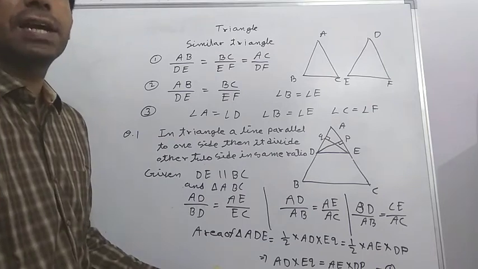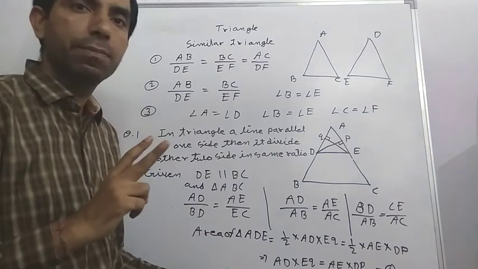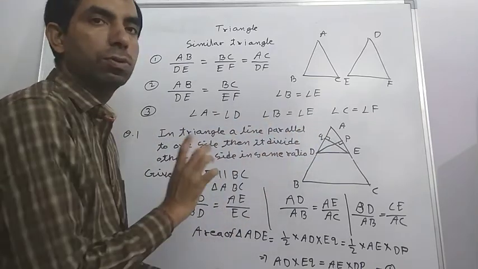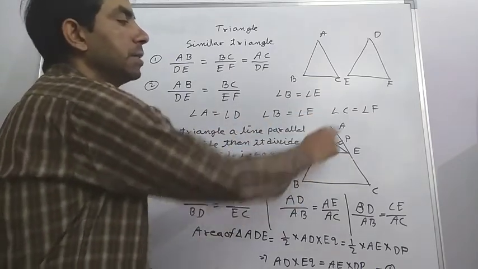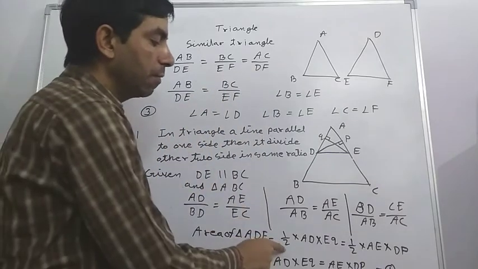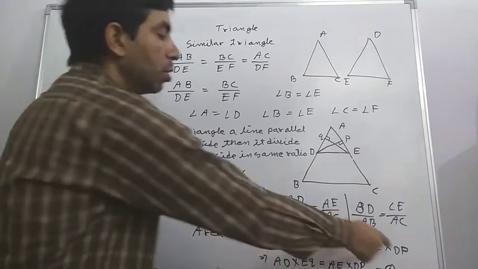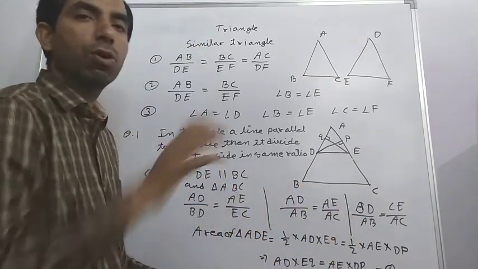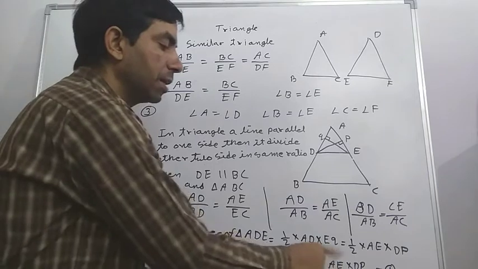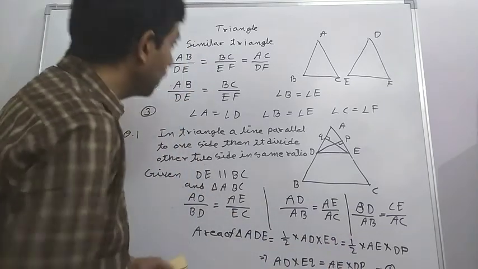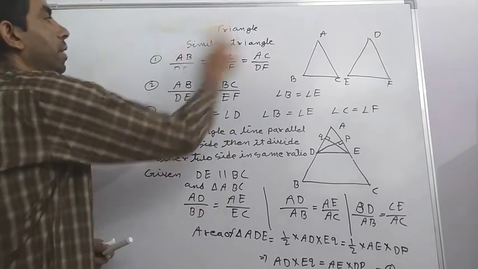The area of triangle ADE we can calculate by two bases. First base is AD, then height is EQ. Second base is AE, height is DP. The general formula of a triangle is 1 upon 2 base multiply height. Because both sides have 1 upon 2, we cross it out, and we get AD multiply EQ equal to AE multiply DP. After this, we solve the next step.